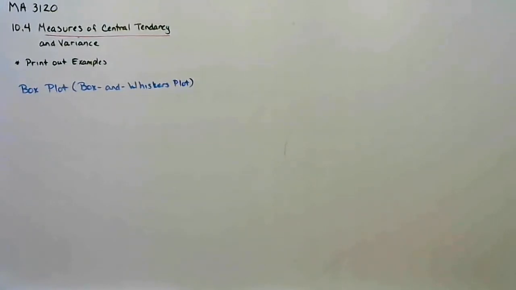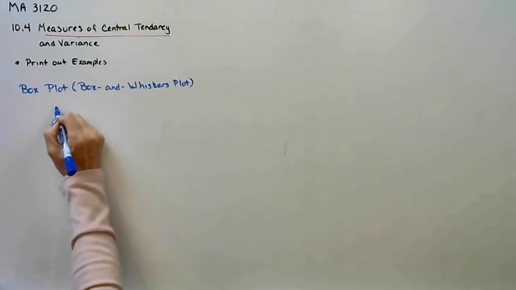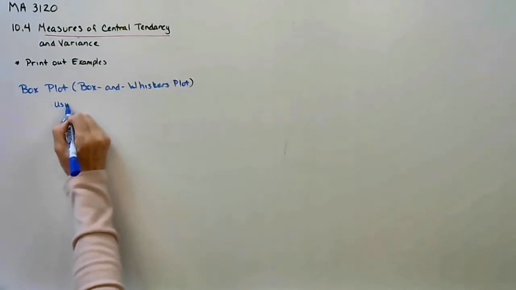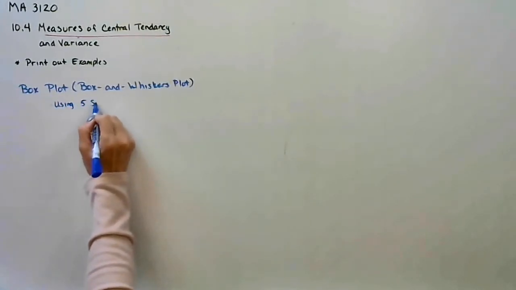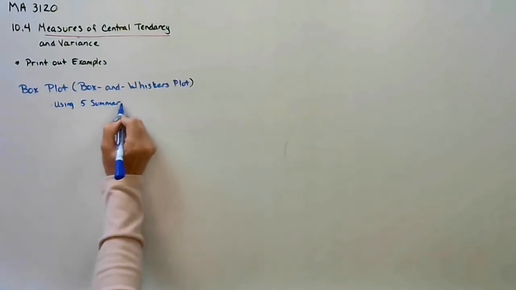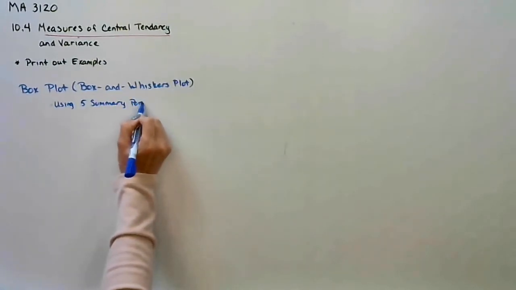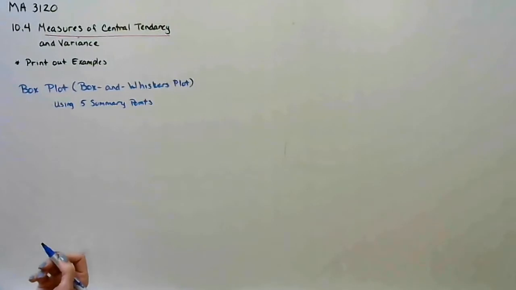Okay, so this is a nice way to visually see the data. And when you do this, you need 5 summary points of the data. Those are the ones we just went over.